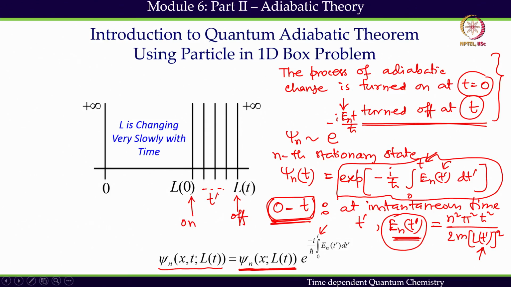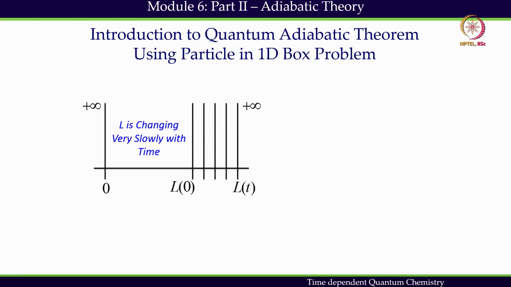Immediately after the adiabatic process is turned off, the wave function of the nth eigenstate of the particle is going to be this, with the total accumulated phase given by this one. So, each nth eigenstate wave function is accumulating a total temporal phase, and that is given by this expression.